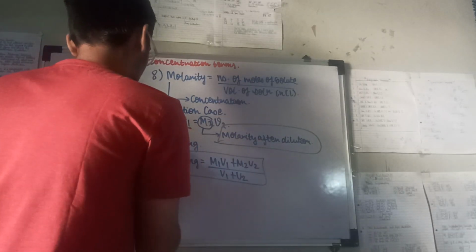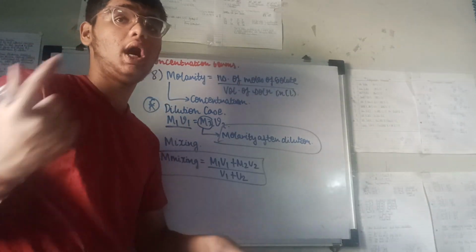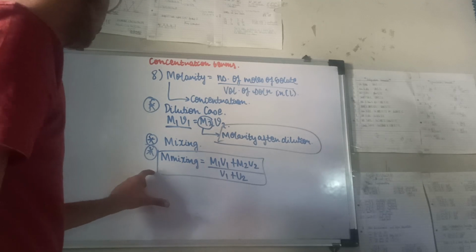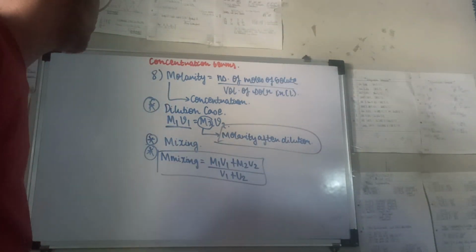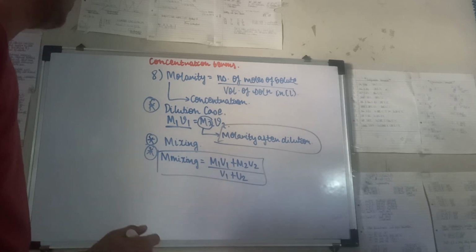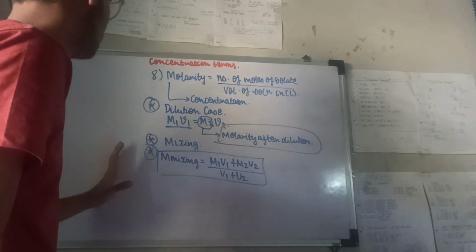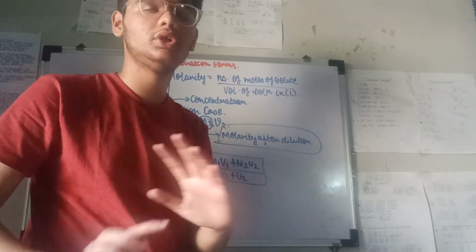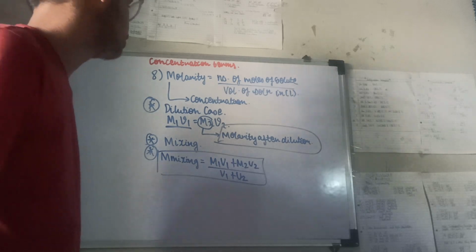This formula you can directly use if two substances are mixed together, then find the resultant molarity. This formula is simply applicable for that. So these were the cases. Please copy it down, because many of the NEET and JEE questions are based on these small concepts. Okay.